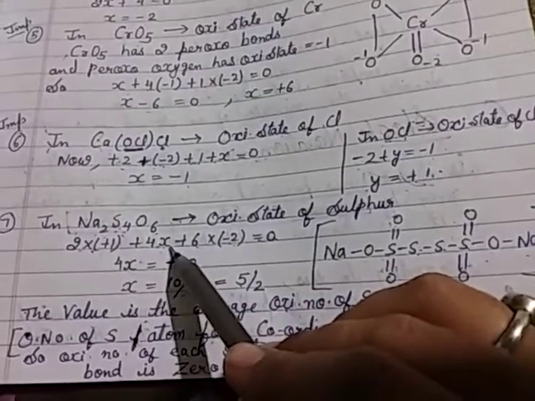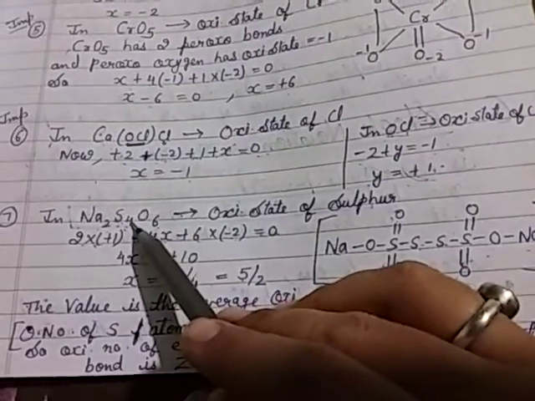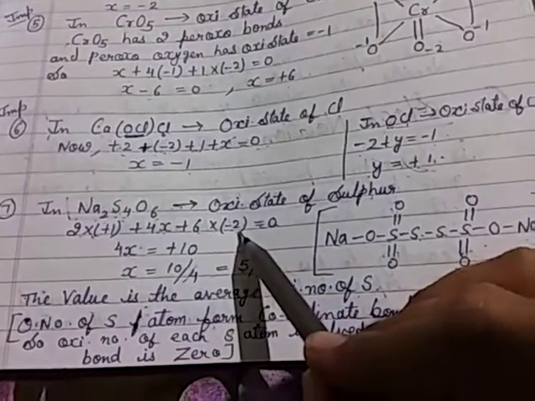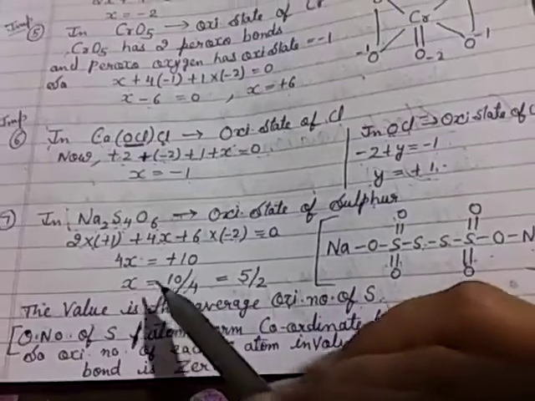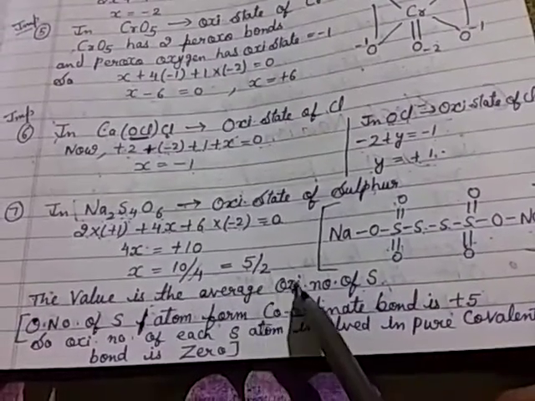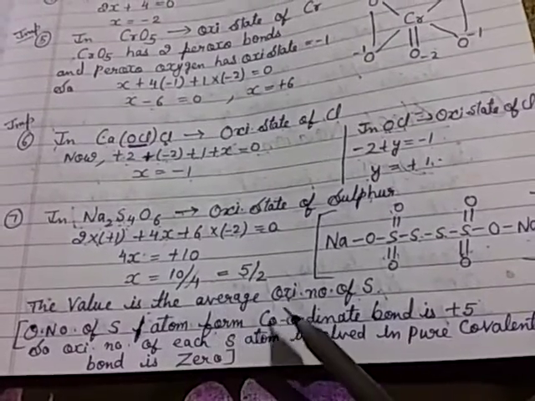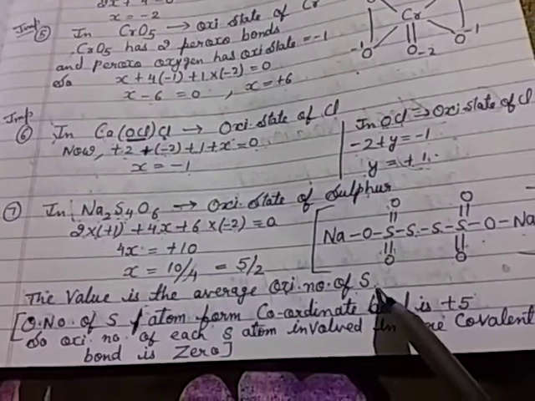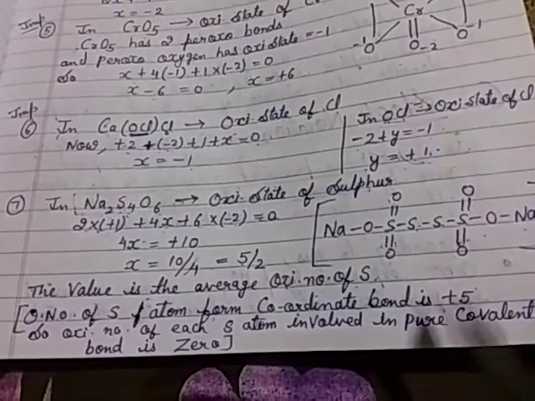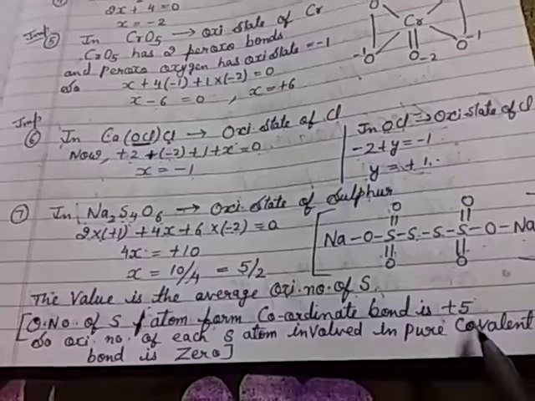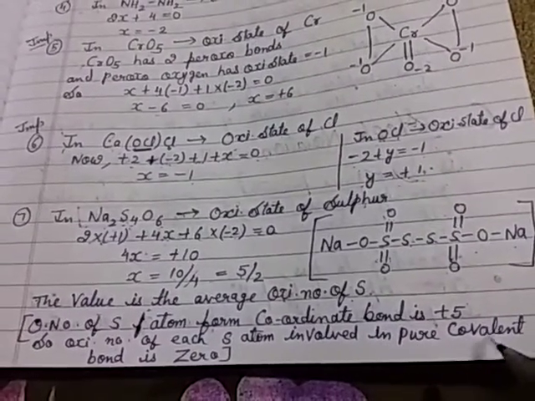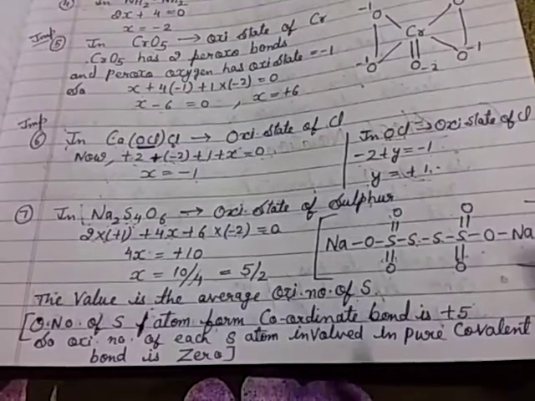For sulfur, 4 atoms, so 4x plus oxygen 6 into minus 2 is equal to 0. So 4x is equal to plus 10. So 10 by 4 is equal to 5 by 2. So this value is the average oxidation number of sulfur, because the oxidation number of a sulfur atom that forms a coordinate bond is plus 5. And the oxidation number of each sulfur atom involved in a pure covalent bond is 0.